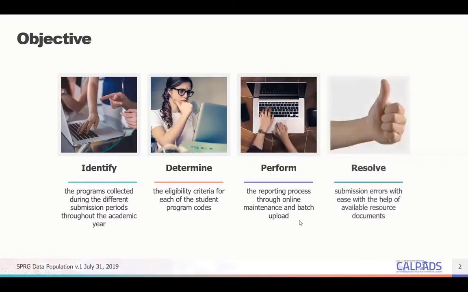And you should also be able to resolve any submission errors that you will encounter while adding the records manually in CalPADS or through batch file upload. And you should also be able to know where to find available resources that will help you resolve these issues.